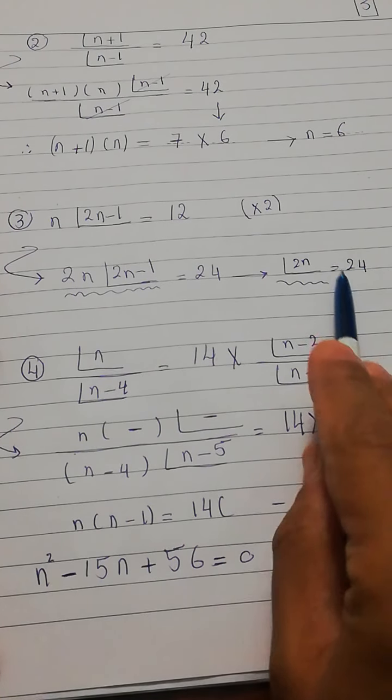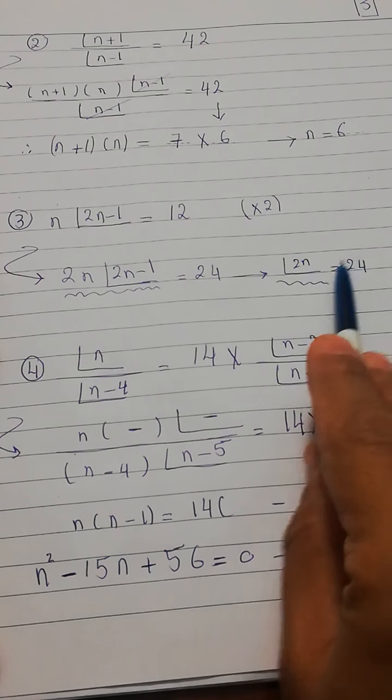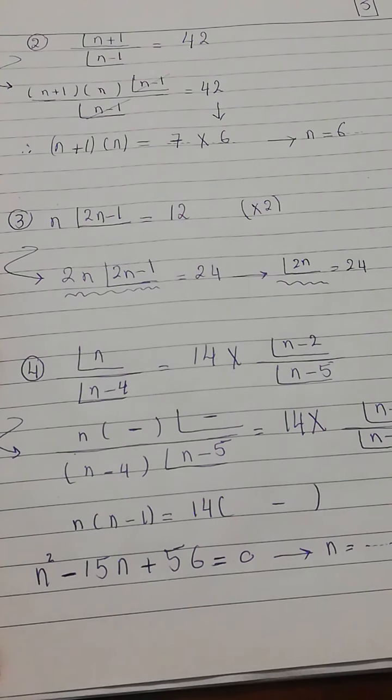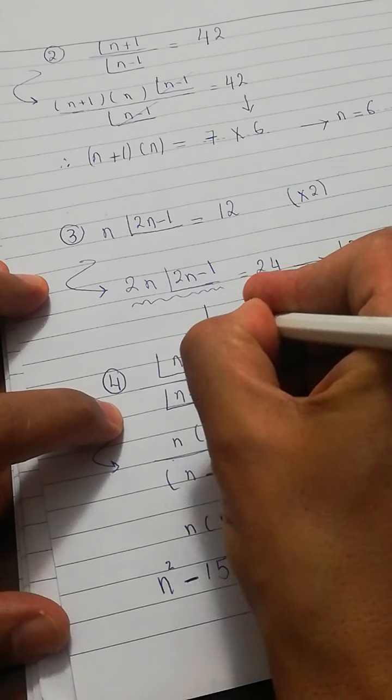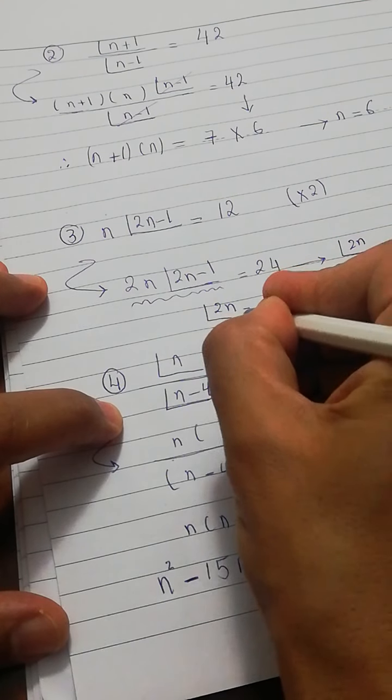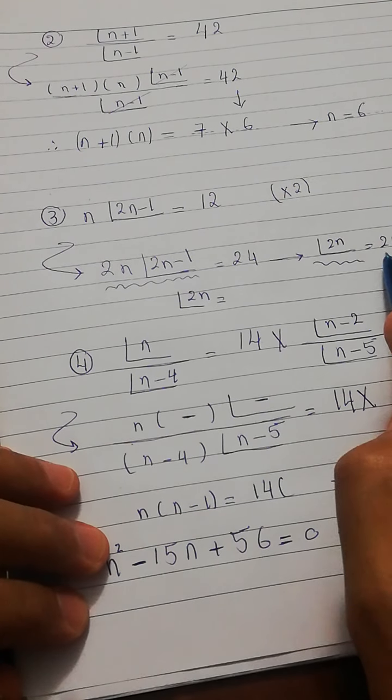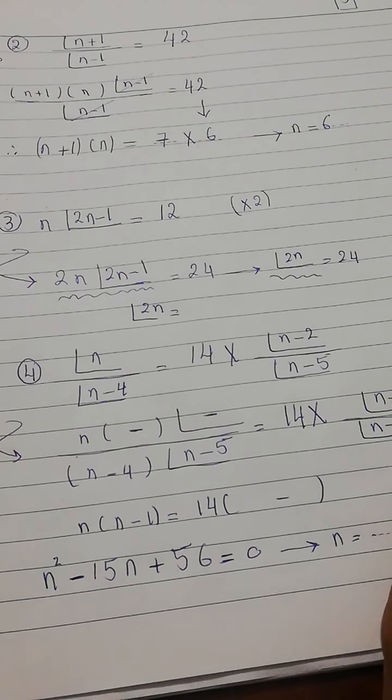As in number 1, we try to write 24 as factorial of a number. So factorial 2n equals 24 equals what? 24 equals 1 by 2 by 3 by 4.